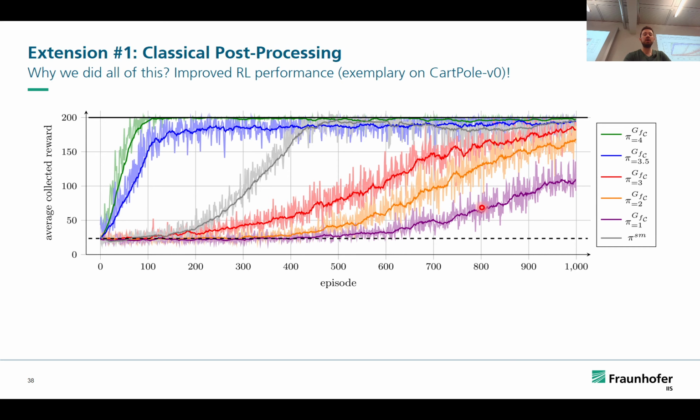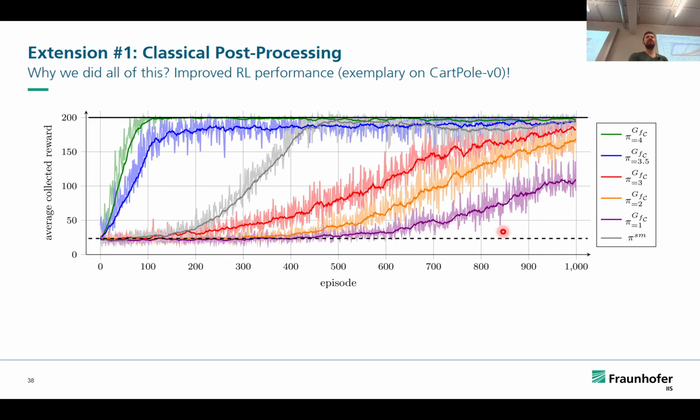All these curves are tests on the CartPole environment with exactly the same quantum network, exactly the same setup. The only difference is that we use different classical post-processing functions. The best performing one was this green one, where we used the post-processing function constructed from the theorem I showed you on the previous slide, which guarantees us this maximum globality.